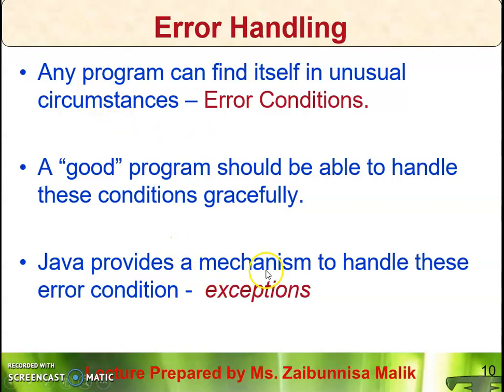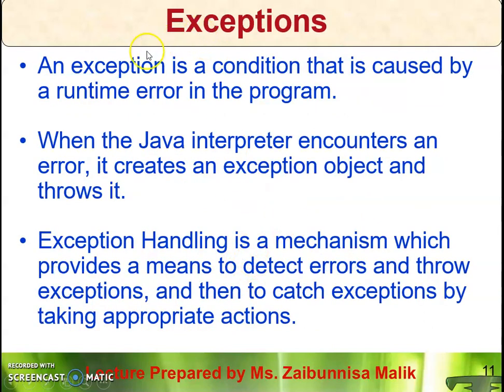So Java provides a mechanism to handle these error conditions, which are known as exceptions, right? Now, an exception is a condition that is caused by a runtime error in the program. This is very important to understand. Exceptions are generated when there is a runtime error.